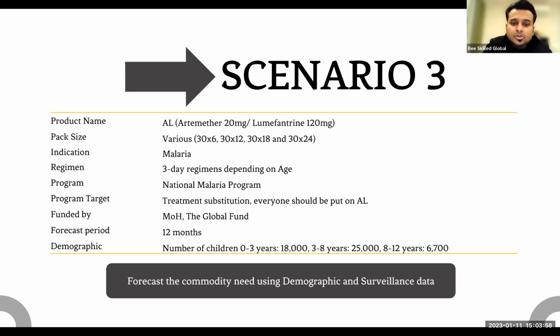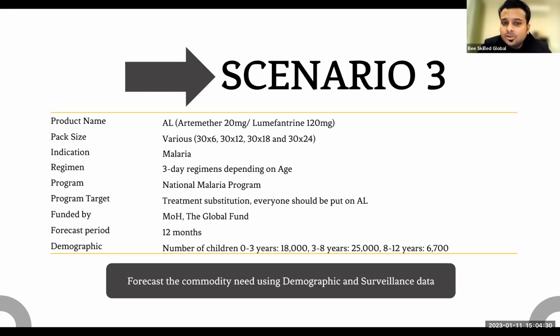For scenario 3, I'm not going to take you through Excel, but let me just explain what we want to do. It's a malaria program. The product is artemether lumefantrine, 20 mg/120 mg. This product is very peculiar because it comes in various pack sizes depending on age.